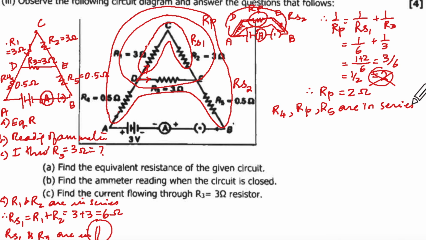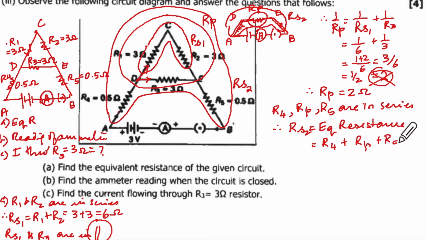Okay, so they are in series. Therefore RS2, which is the equivalent resistance, correct? And that is equal to R4 plus RP plus R5.